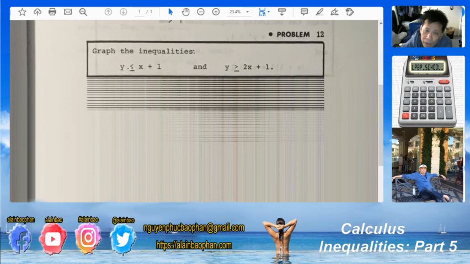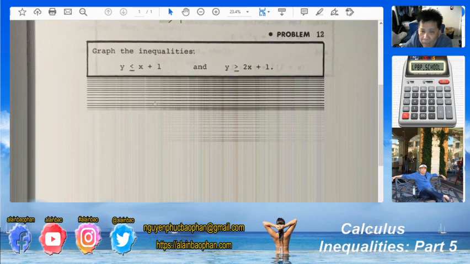graph the straight line y equal x plus 1. So we put x equal 0 here, then y equal 1. X equal 0, y equal 1 is this point right here. It is the y-intercept of the straight line y equal x plus 1.